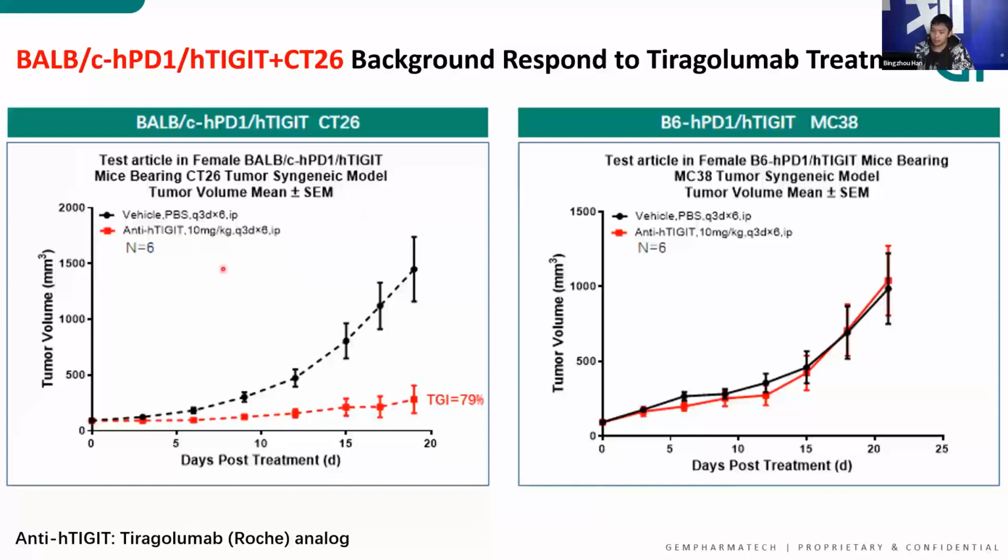We can see on the left, in the BioBC humanized PD-1, humanized TIGIT mice bearing this CT26 line, with the therapy of anti-TIGIT added to the anti-PD-1 effect, the tumor growth inhibition is nearly 80%. However, if we use this B6 double humanization strain bearing the MC38 cell line, we can see that the tumor growth inhibition is not significant compared with the vehicle treatment when we use the anti-TIGIT antibody.